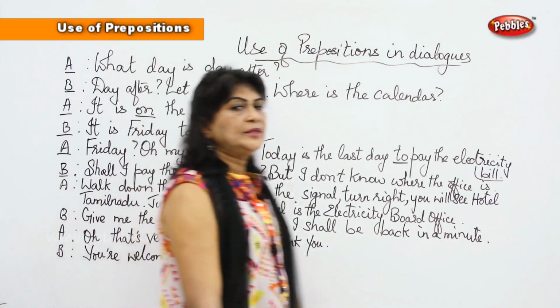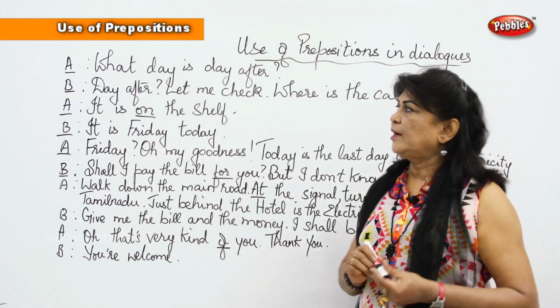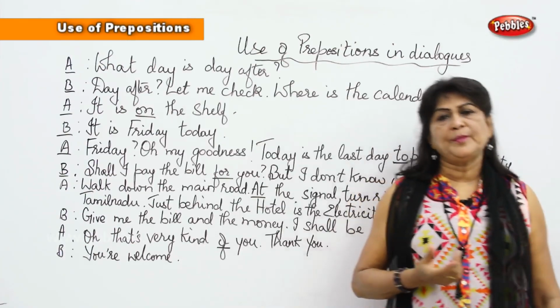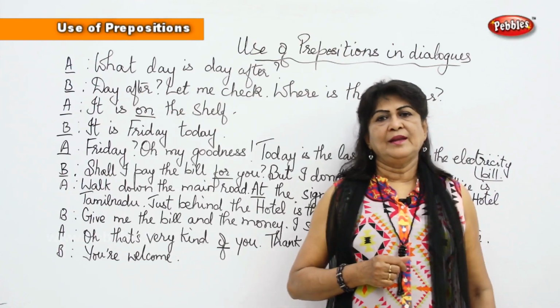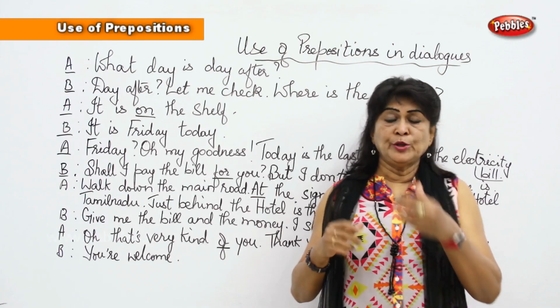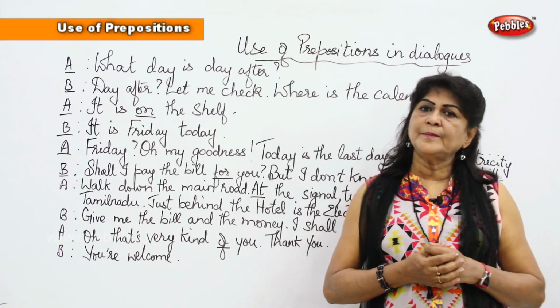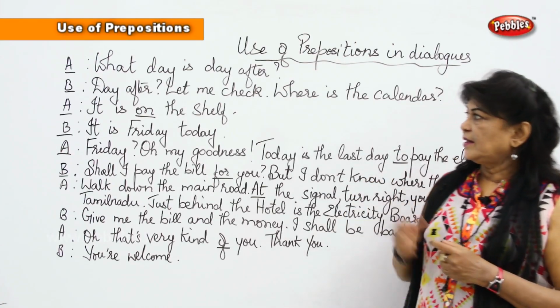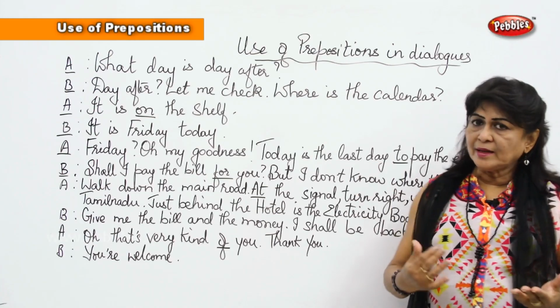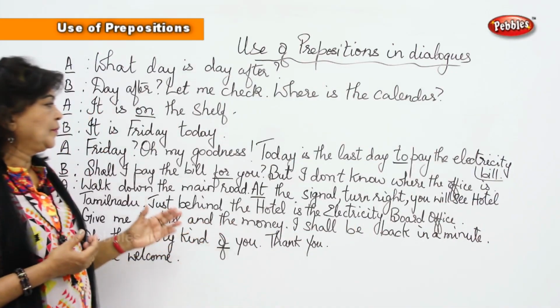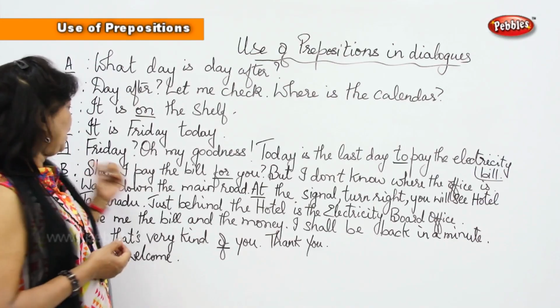Now, we just saw a very simple dialogue between two people. One person has forgotten to pay the electricity bill, and he does not even know that it was Friday and that was the last day to pay. Then B checks the calendar and says that it is Friday, and only then A remembers.